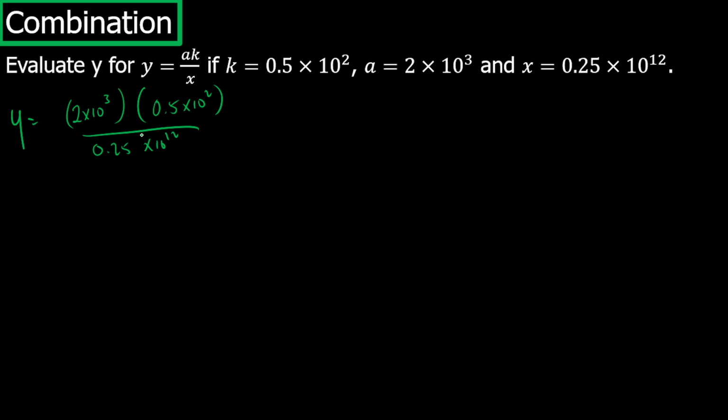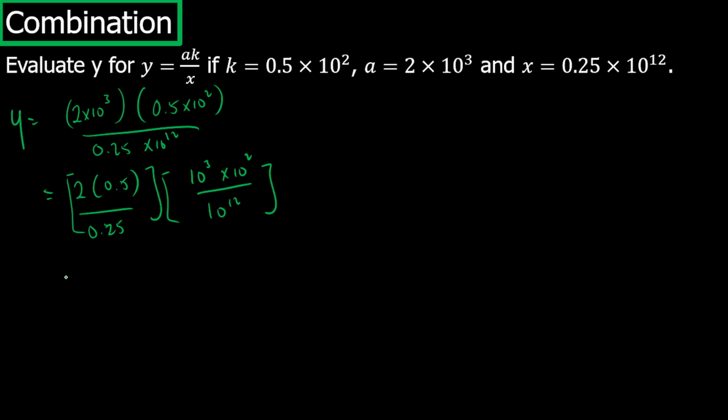We take out all the normal constant values. That means I can multiply 2 with 0.5 and 0.25, and then I put all the exponents together, which is 10 to the power of 3 times 10 to the power of 2 over 10 to the power of 12.